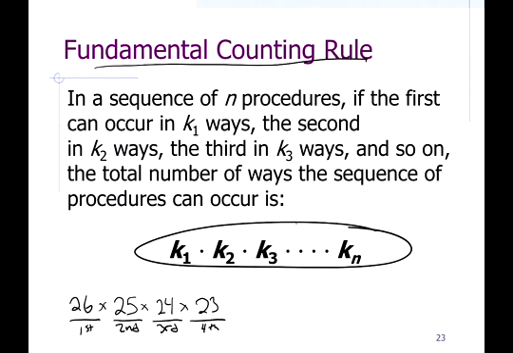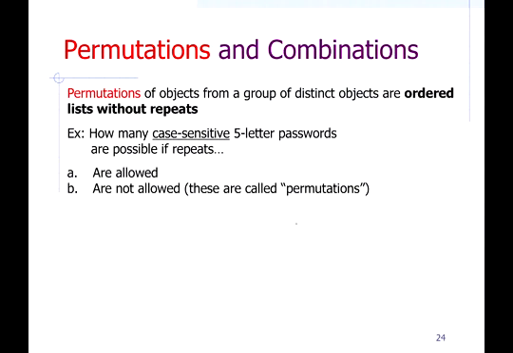And the fundamental counting rule is a little bit more versatile than the next 2 counting techniques we'll talk about, because with the fundamental counting rule, you could apply it when you are allowed to repeat objects, and you could also apply it when you're not allowed to repeat objects. Now, the next 2 counting techniques, permutations, which we'll talk about first, and combinations, which we'll talk about second.